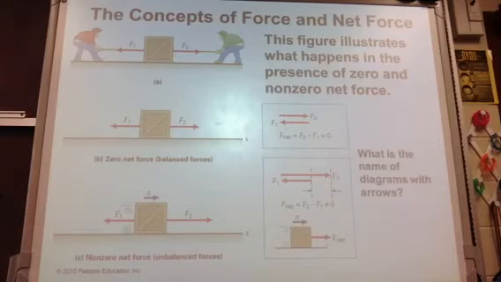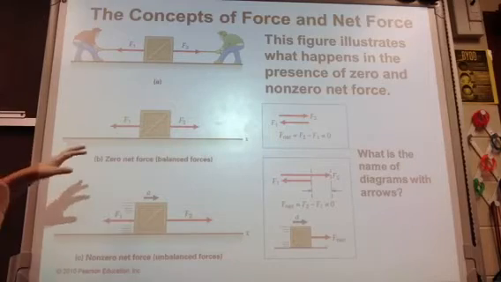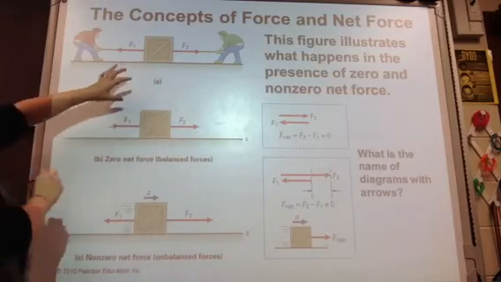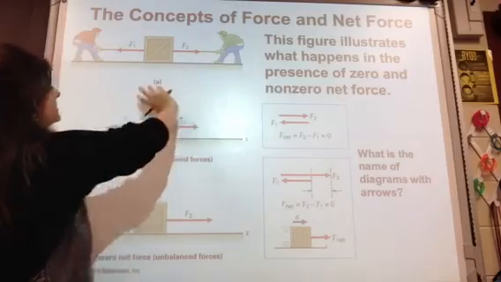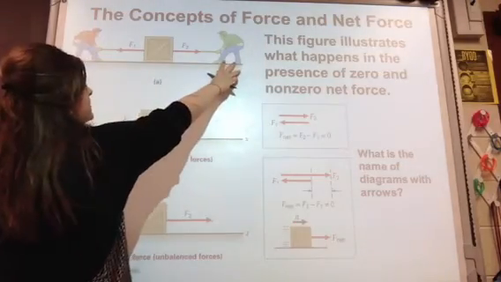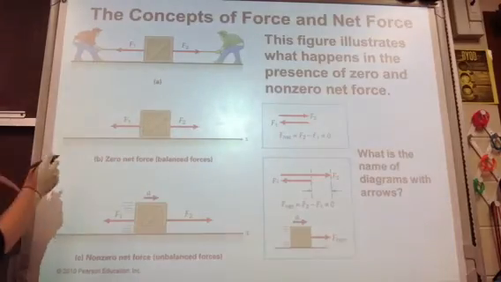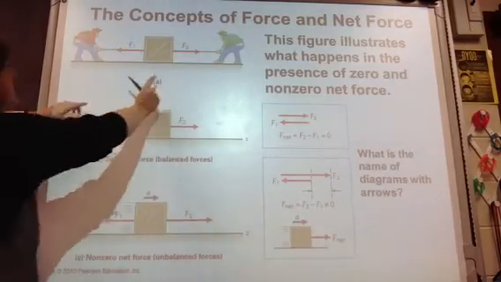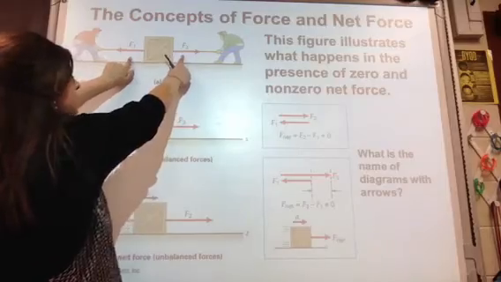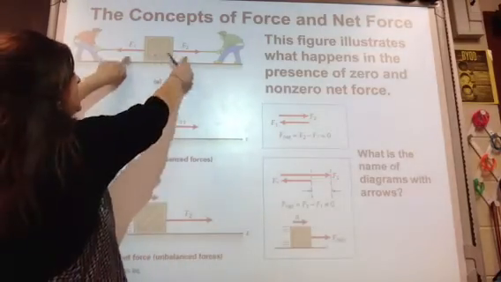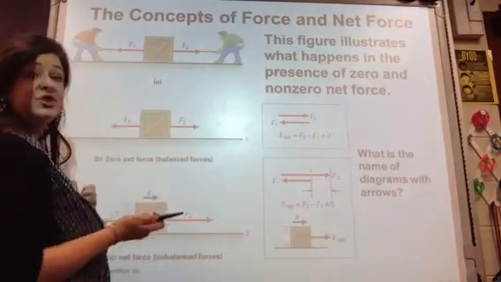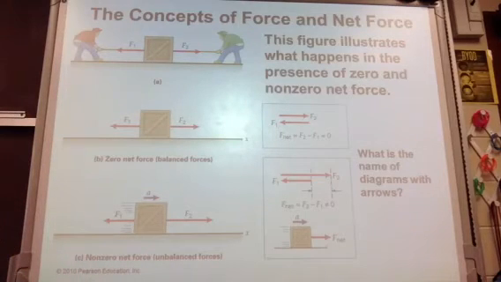Okay, so let's just talk about net force. For example, I have a box here and I have 2 forces being applied. I have a guy pulling the crate from this end and a guy pulling from the other end. Because these force vectors appear to have equal magnitude but act in opposite directions, the sum of these forces gives me my net force.